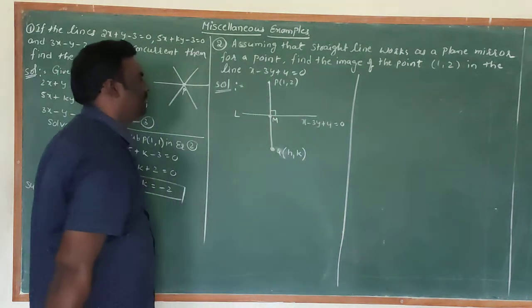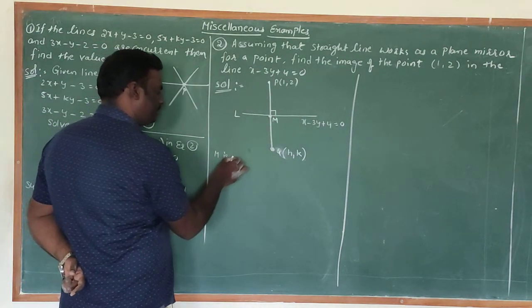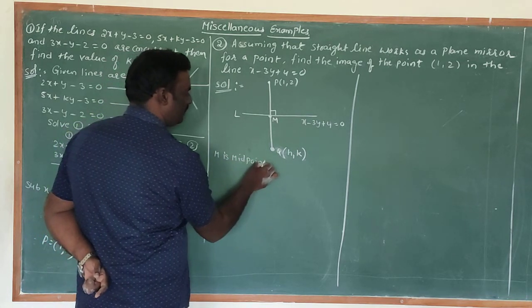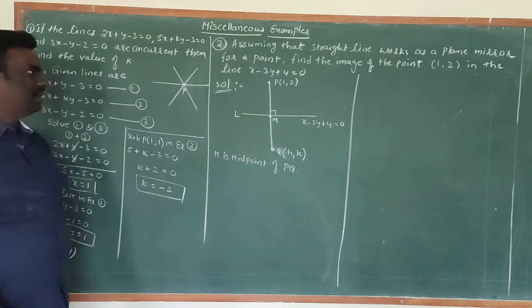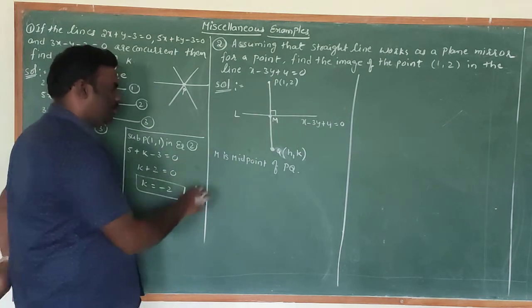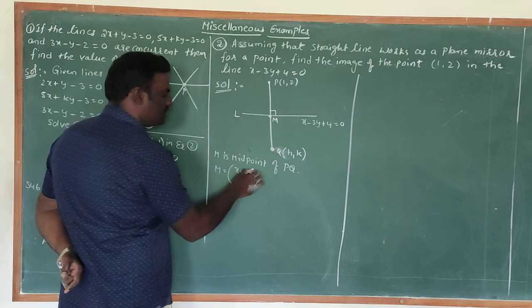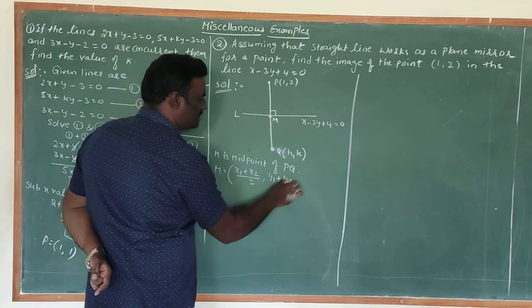Okay. First, M is the midpoint of PQ. M is the midpoint of P and Q. What is the midpoint formula? x1 plus x2 by 2 comma y1 plus y2 by 2.